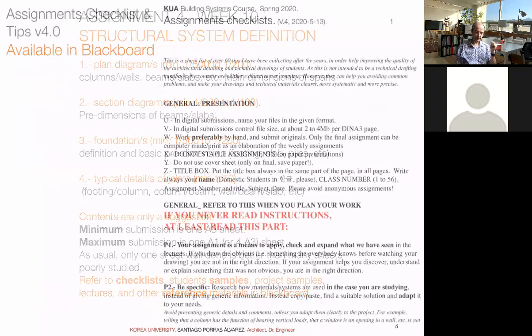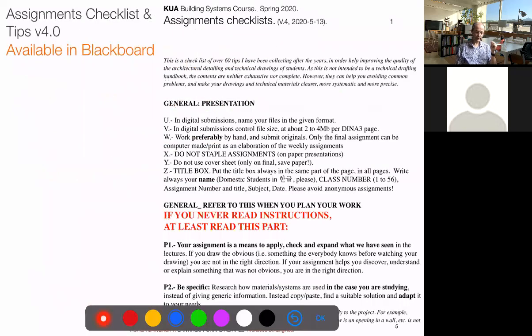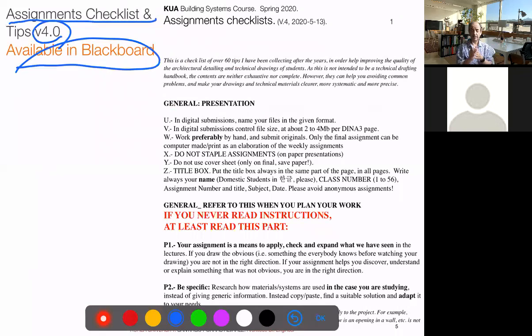As I told you, in Blackboard you have the checklists. It is outdated to this year, so I added some comments and reorganized the content a little bit, and also took into account that this semester we are working mainly online. So please go to Blackboard, download it, and you have general tips for presentation, which is just 6 points.